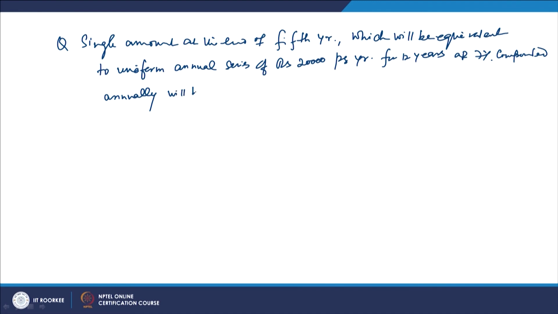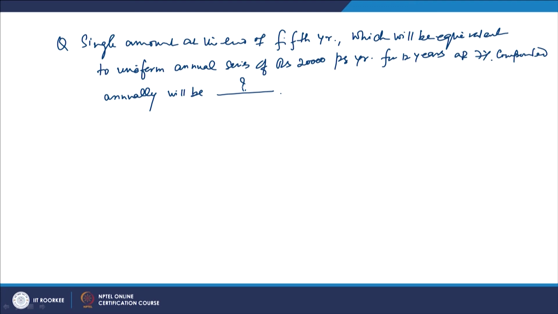So, you have to calculate this single amount at the end of the 5th year, which will be equivalent to the uniform annual series of rupees 20,000 per year for 12 years.